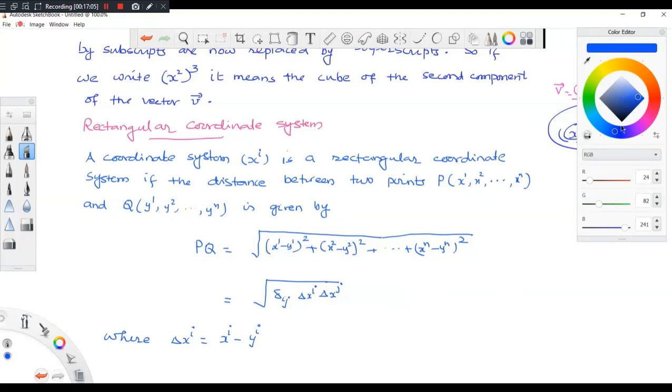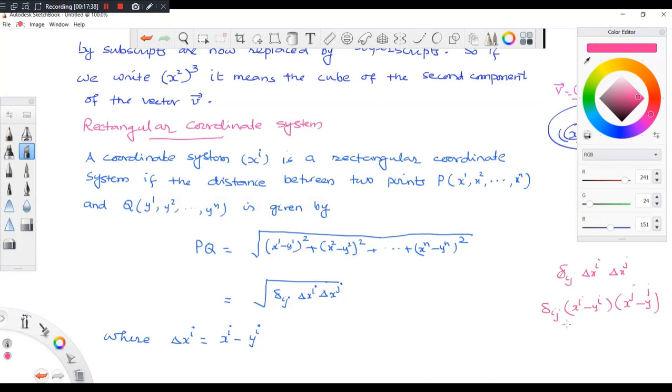So when I take this delta ij, delta xi, delta xj, what does it mean? According to this definition, this is your Kronecker delta ij, delta xi, what is it? xi minus yi. This into delta xj, what will it be? xj minus yj.